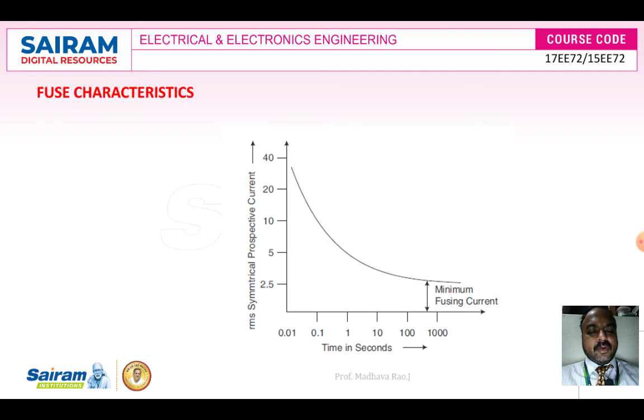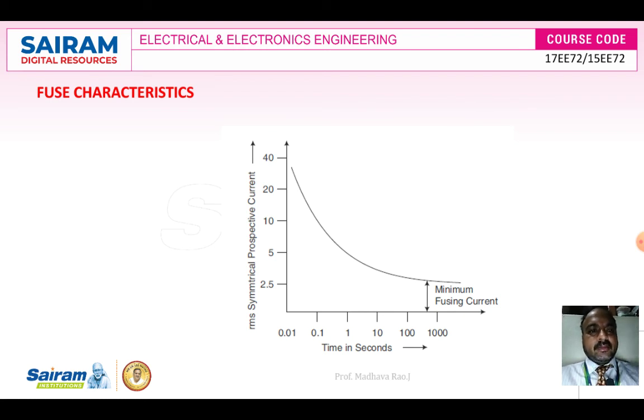These two are inversely proportional. When the current exceeds, the time taken for the fuse element to melt is very less. When the current is decreased, the time taken for the fuse element to melt increases. So both are inversely proportional.